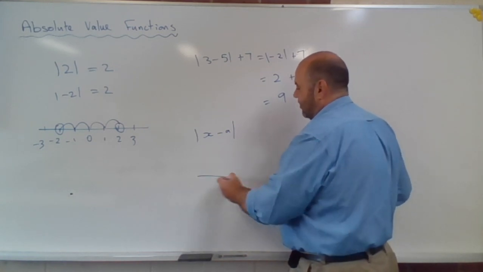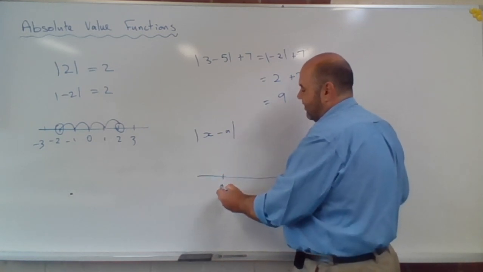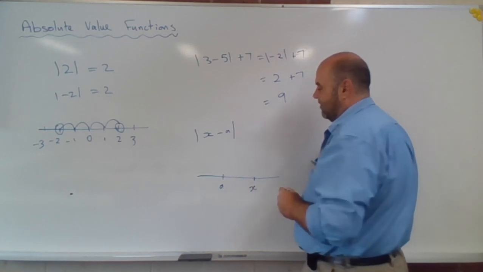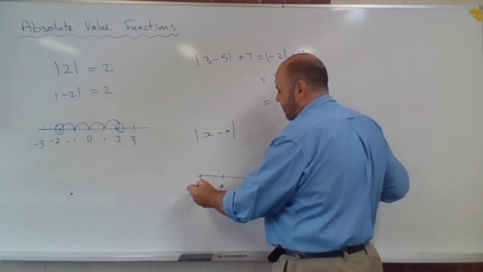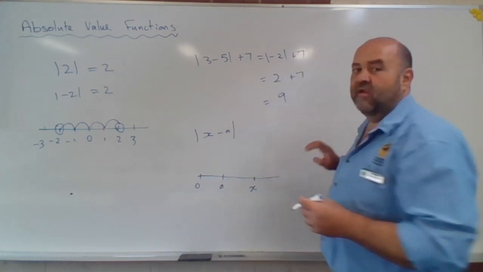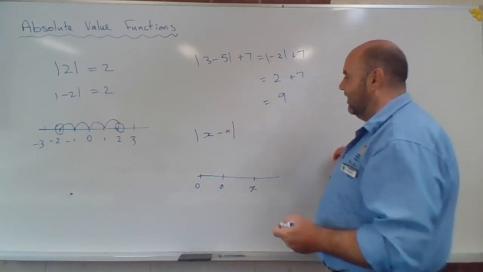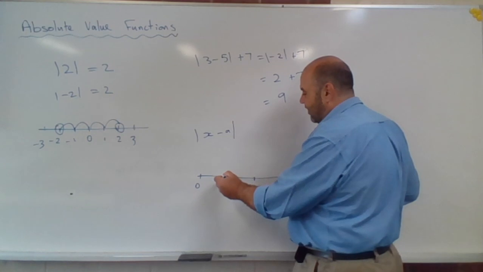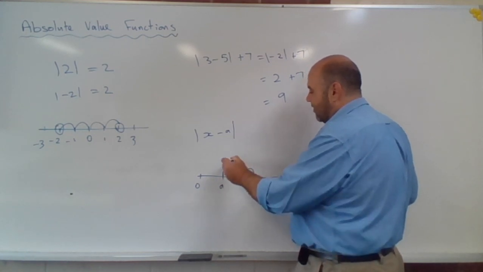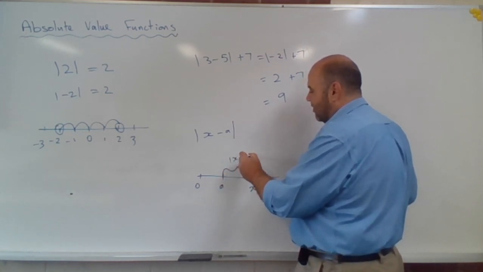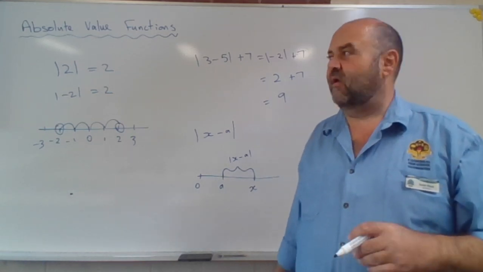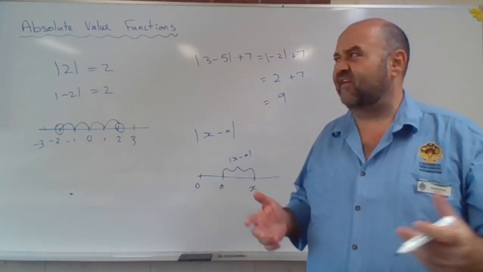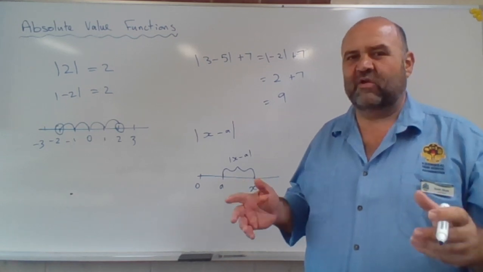So on a number line, if I had a there, and I had x there, it doesn't matter where 0 is. Let's put it over there. The absolute value of x minus a is the distance between x and a on the number line. That'll come up in just a couple of the questions in the exercise. Don't let it rattle you if it does.